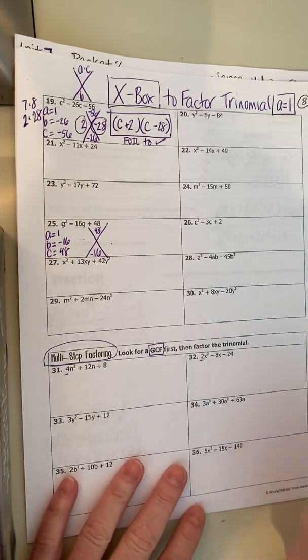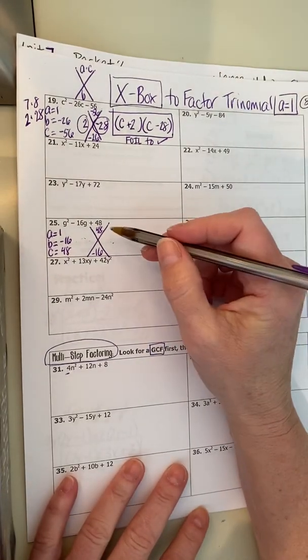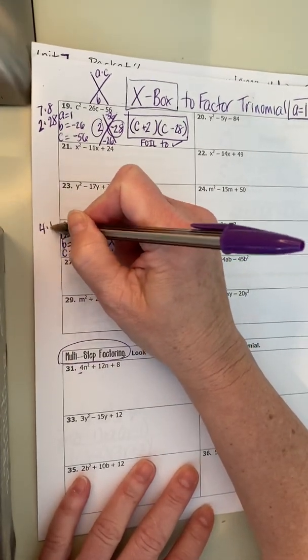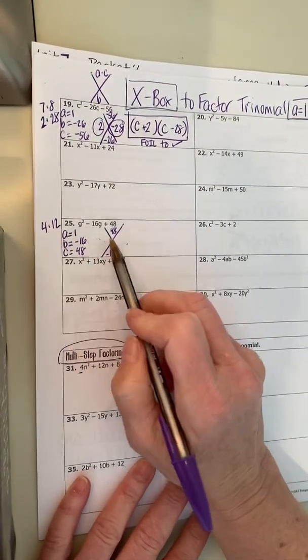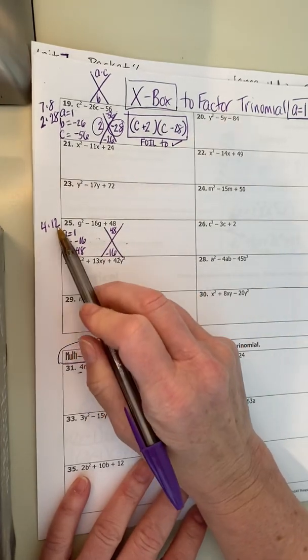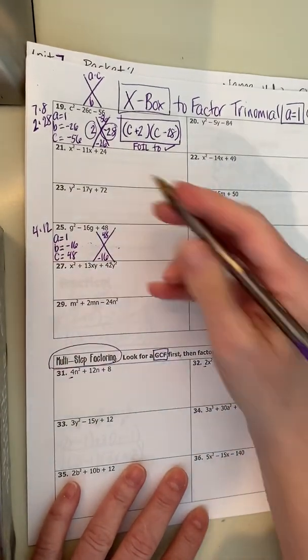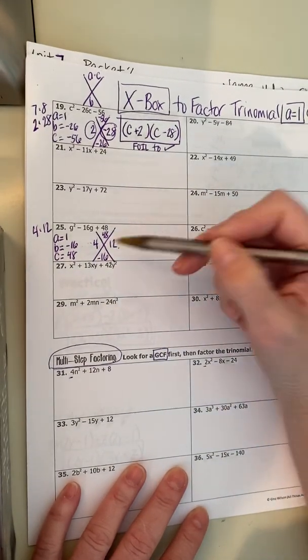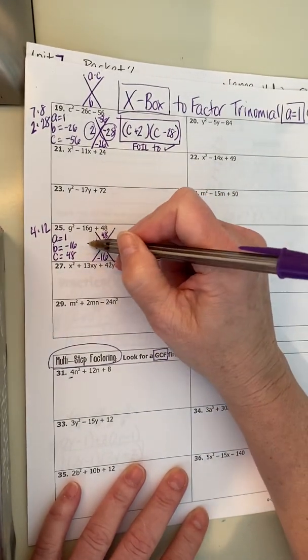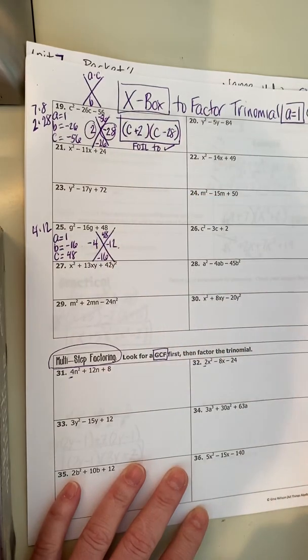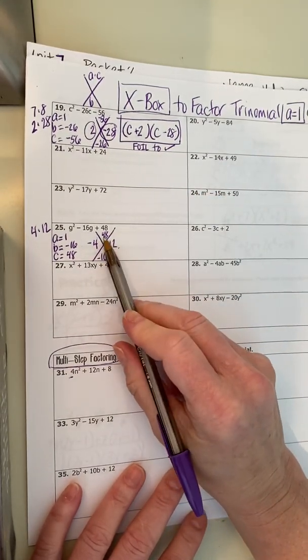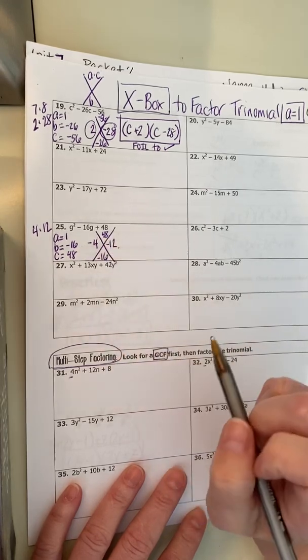Let's see here, maybe a 4 and 12 possibly. 4 times 12 equals 48. 4 plus 12 equals 16. So I know I'm going to use a 4 and a 12, but I have to make them both negative because my sum needs to be negative. My product is still positive though. Negative times negative is positive.